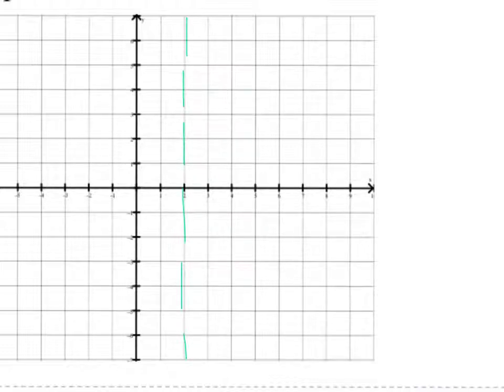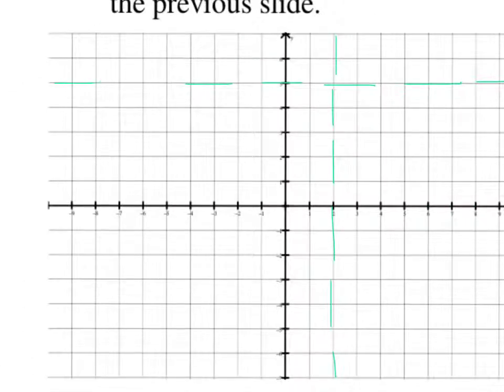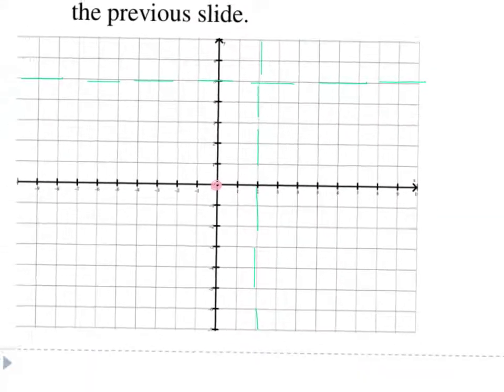And at 5, I have a horizontal asymptote. I have my one and only intercept, the x-intercept and y-intercept, happening here at 0, 0. Remember, origin symmetry.